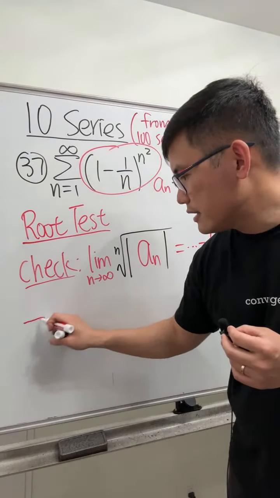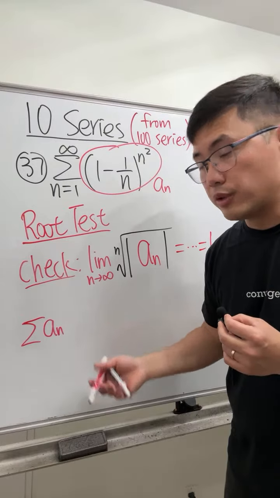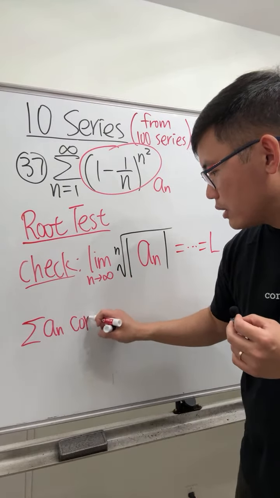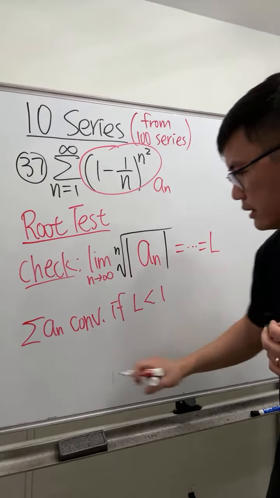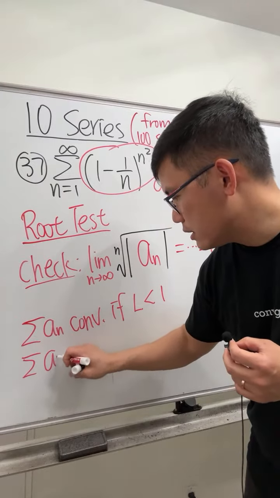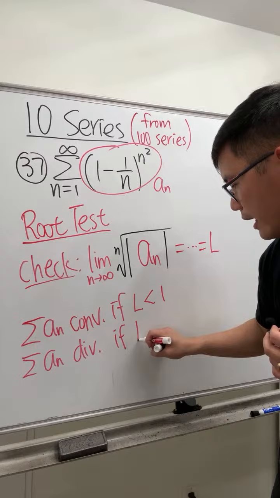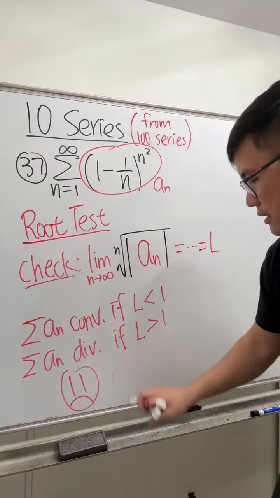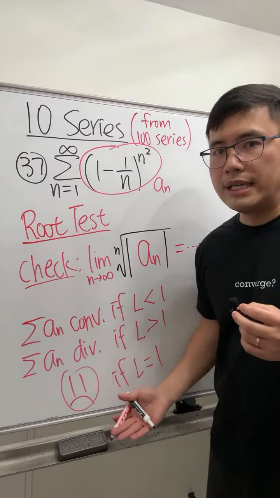And it's the same conclusion as what we had done earlier with the ratio test. The series will converge if you see that L is less than 1, the series diverges if you see L is greater than 1. Again, sad face if L is equal to 1. Try another test.